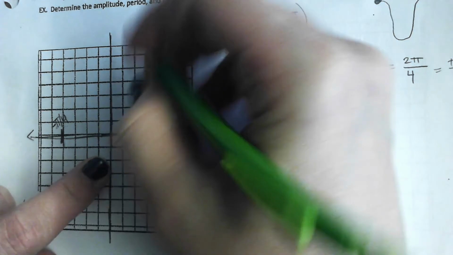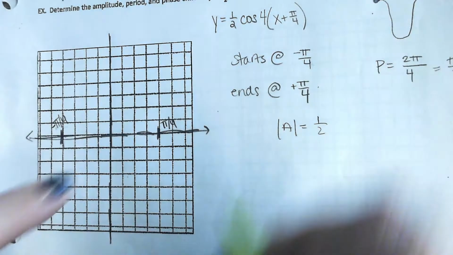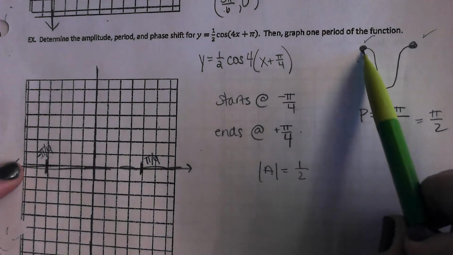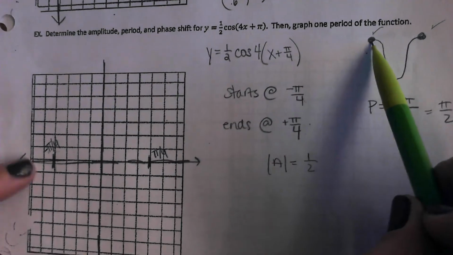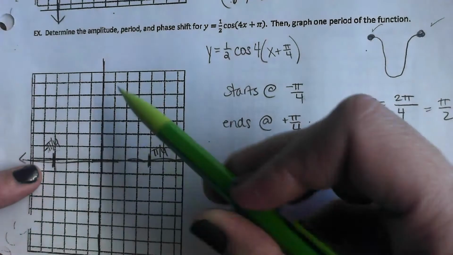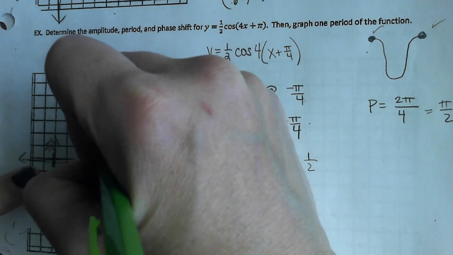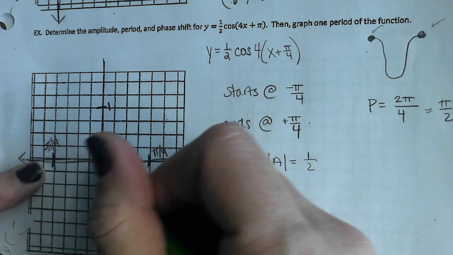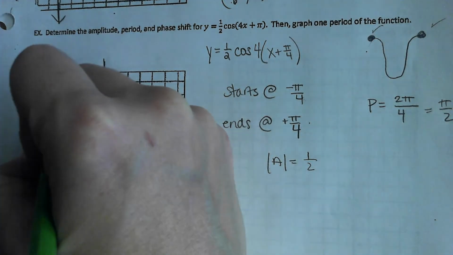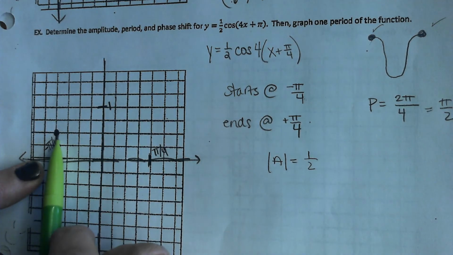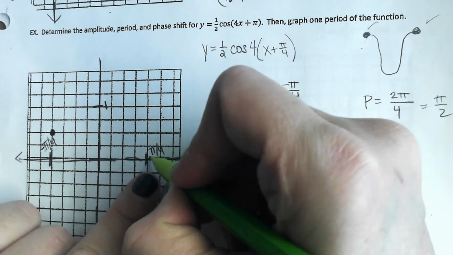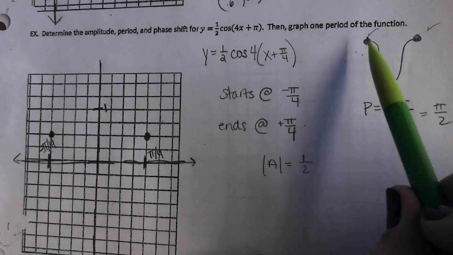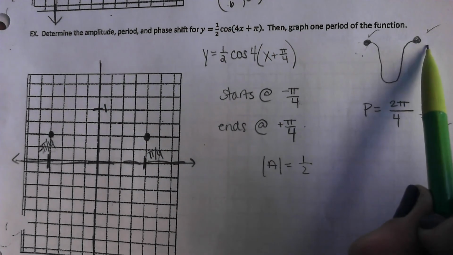So I'm going to go out 4 units to get there on this side. And then I'm starting again at a maximum, which will be at a 1/2, but I'm also going to spread it out here. Maybe I'll call this 1 so that my -1/4 pi and 1/2 is right there, and my +1/4 pi and 1/2 is right there. So I've graphed my starting point and my ending point.